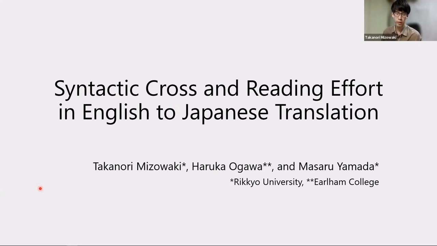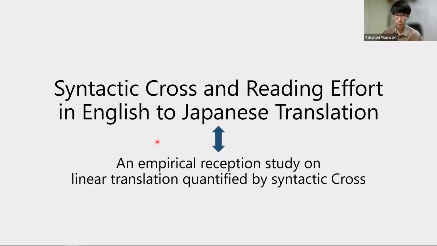Our presentation is about syntactic growth and reading effort in English to Japanese translation. So this can be paraphrased as an empirical reception study on linear translation, which is quantified by syntactic growth.